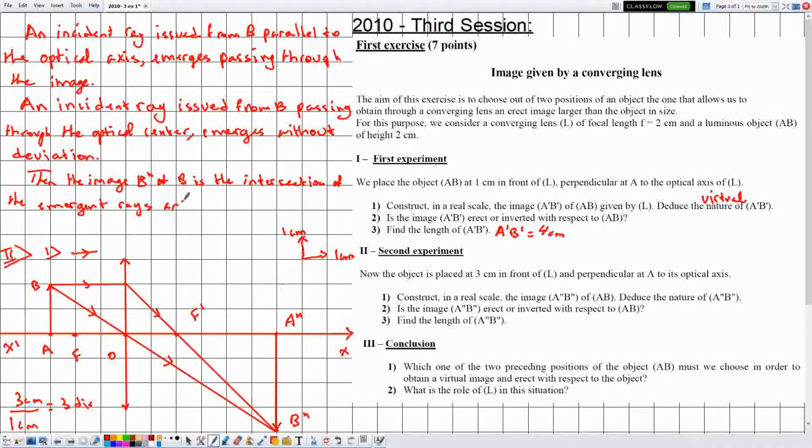And A double prime is the foot perpendicular of B double prime on the optical axis.